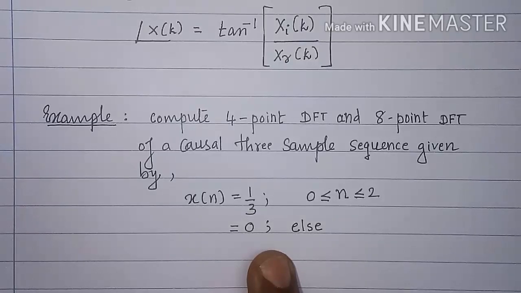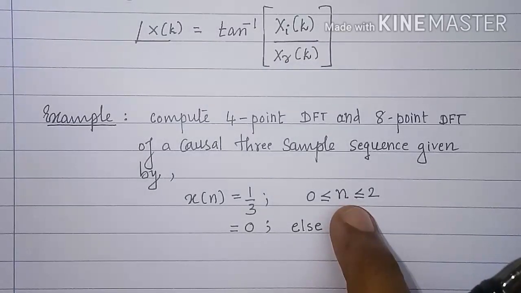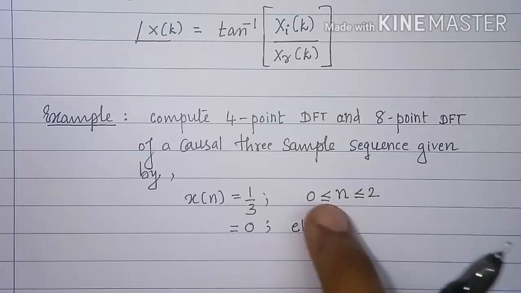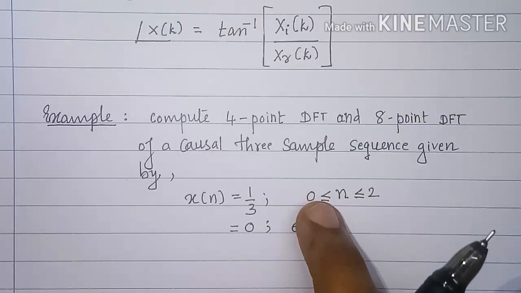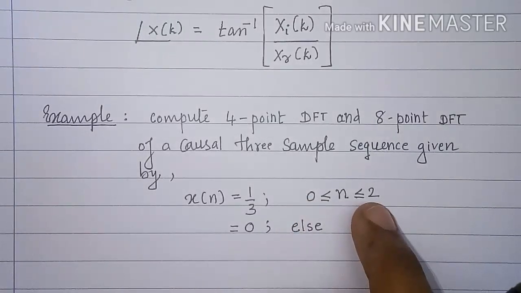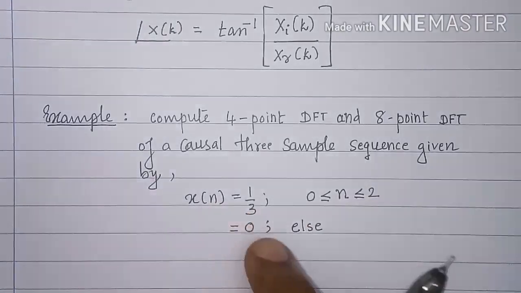It means that if n has any value other than 0 to 2, then x of n will be equal to 0.